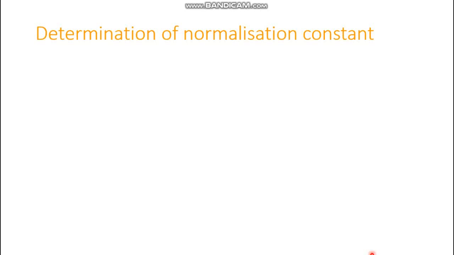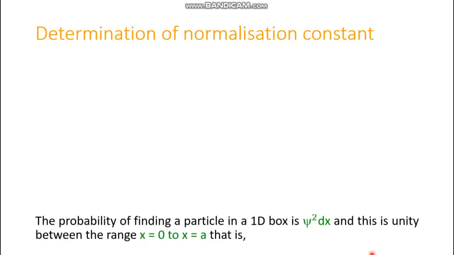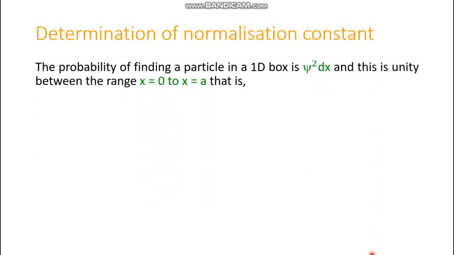Now, determination of the normalization constant. There had been two constants, A and B, out of which A was accepted, and A is known as the normalization constant. The probability of finding a particle in a one-dimensional box is psi squared dx, and this is 1 within the range of the box, that is, from x equals 0 to x equals a.